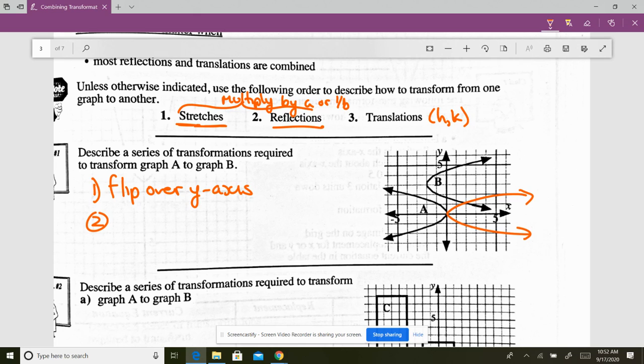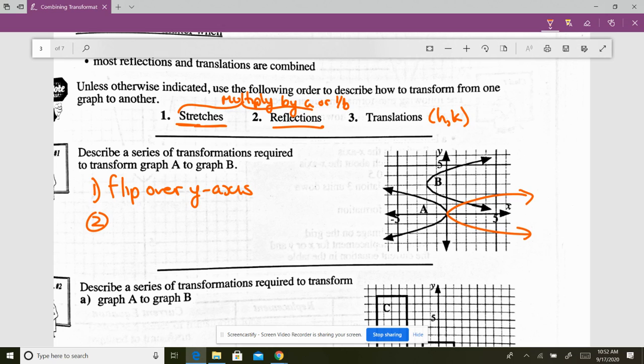Now how do I get this graph to there? I need numbers. Up 3 and left 2.